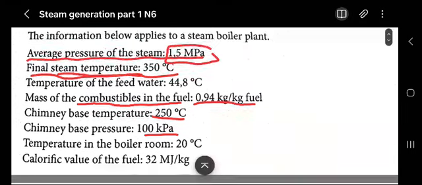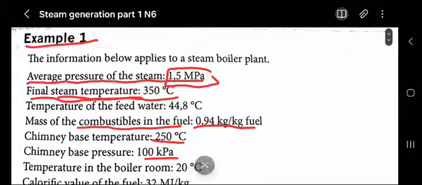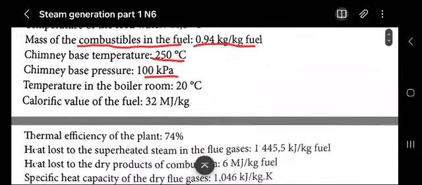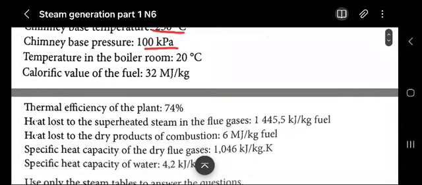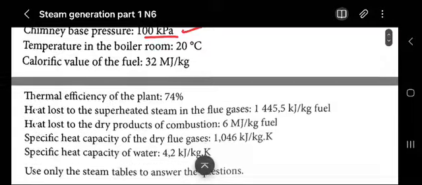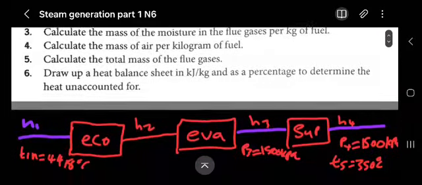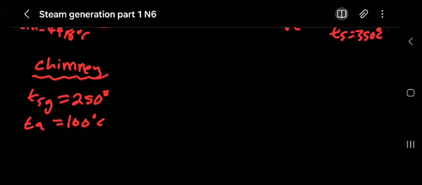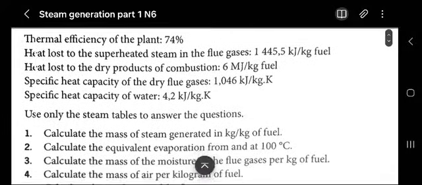We'll discuss the mass of the combustible also. Okay, the chimney base, we have this temperature. The chimney base, which is TA, is 100 degrees Celsius. Remember, those are for chimney.